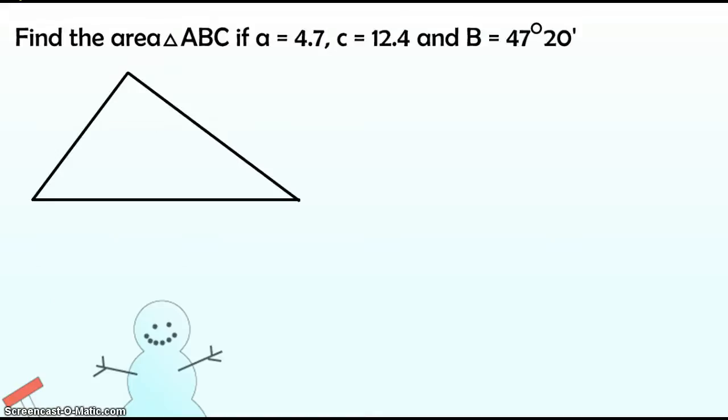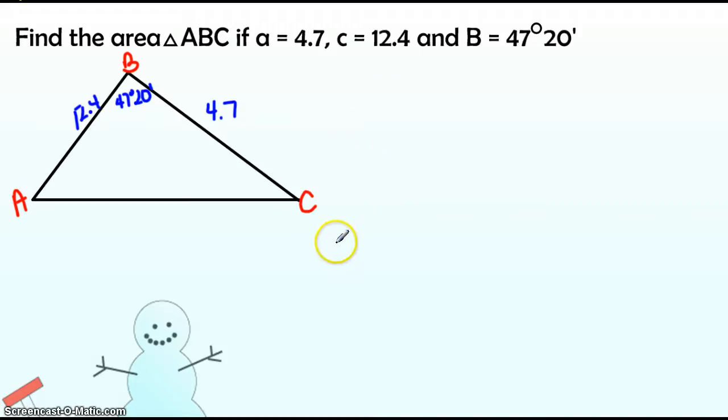Find the area of triangle ABC if side length A is 4.7, side length C is 12.4, and angle B is 47 degrees and 20 minutes. So let's plug that in. Let's draw this out and put them where they need to go so I can see what I need to use. 12.4 for side length C, 4.7 for side length A, and 47 degrees and 20 minutes.